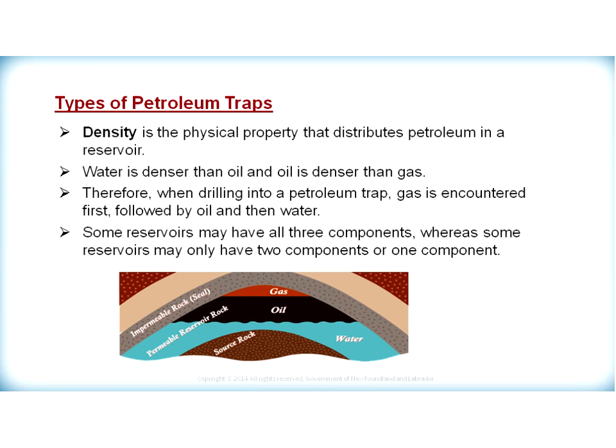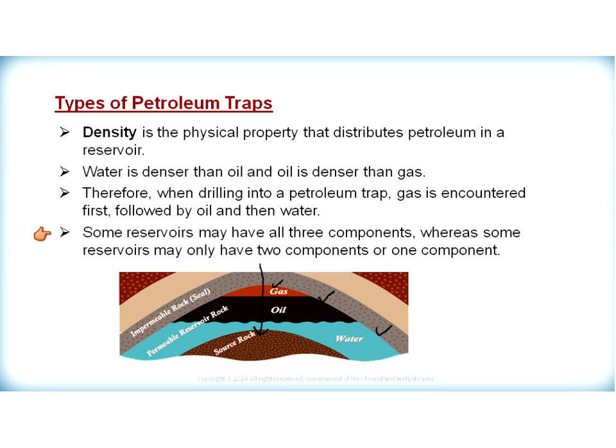If we look at the diagram below, and we drill a hole straight down through the different types of rock layers, we will notice that we would encounter gas first, followed by oil, and followed by water. And this is because of the property of density.